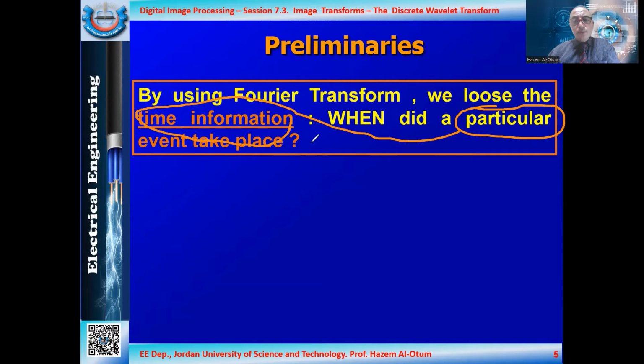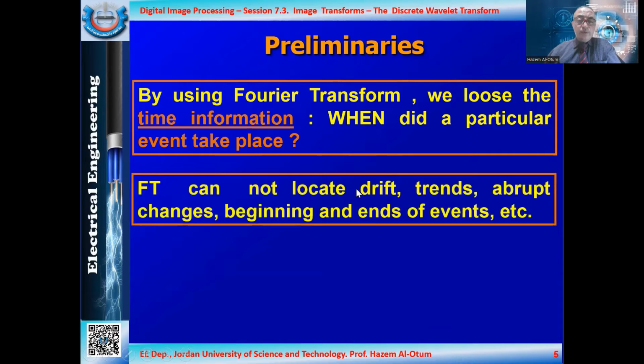Now, in the Fourier transform, you are using averaging, or a long observation operation, and this means that short time changes will be lost and combined with other components in the frequency domain.